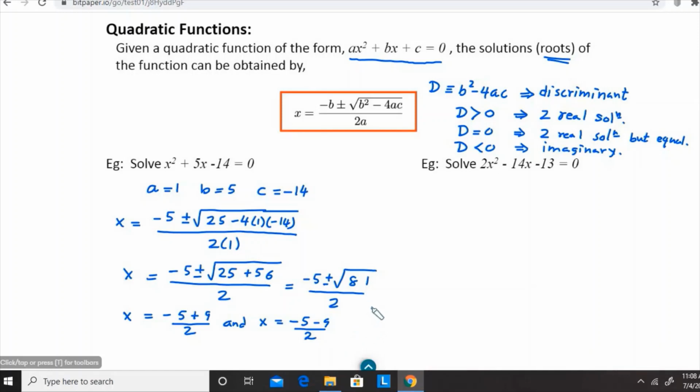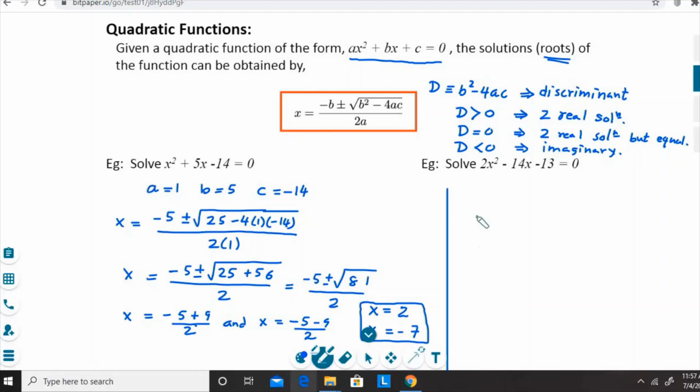And you'll see the solutions for this quadratic equation are x equals 2 and x equals minus 14 divided by 2, which is minus 7. Okay, so those are the solutions for this quadratic equation in example number 1. Let's look at example number 2.